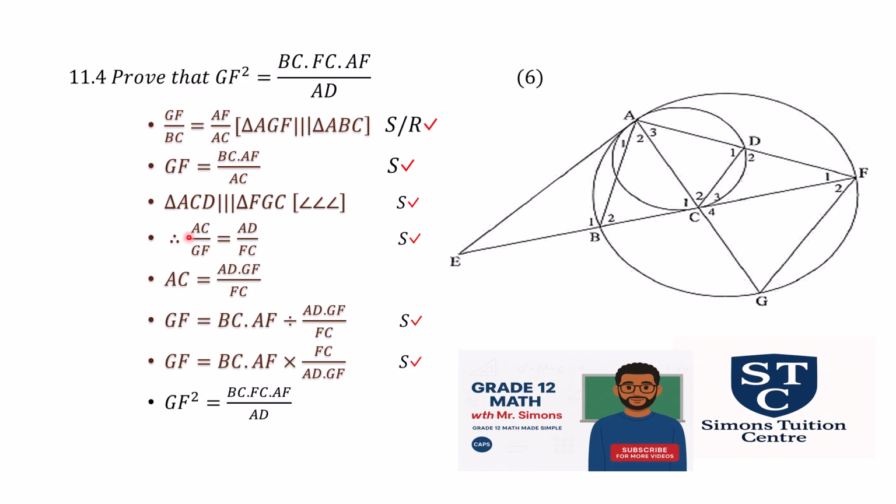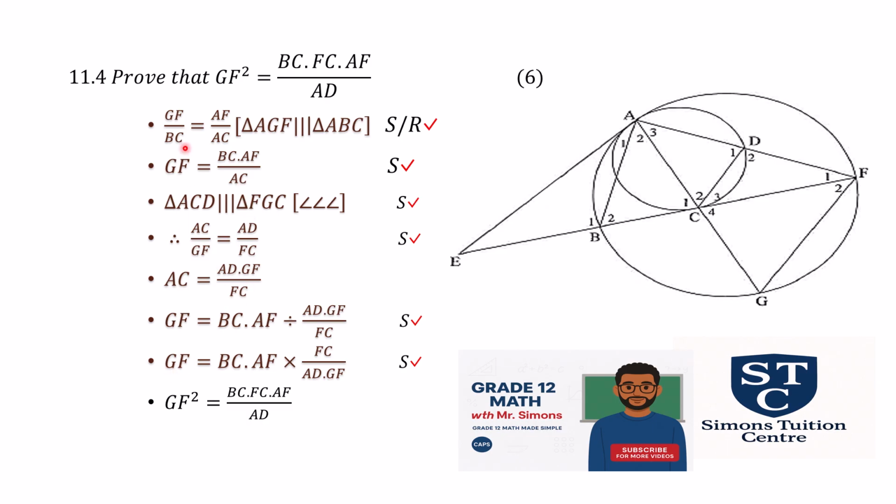So from there I can say AC over GF, the first two, must equal first and last over first and last, AD over FC. So from there AC would then equal AD times GF over FC. So instead of using AC now, I'm going to use this statement of AC and put it in the place of AC.